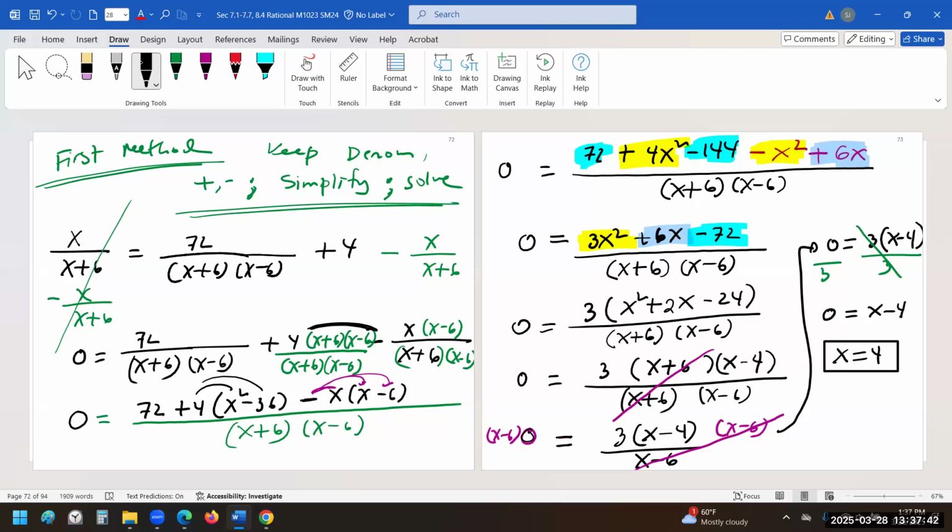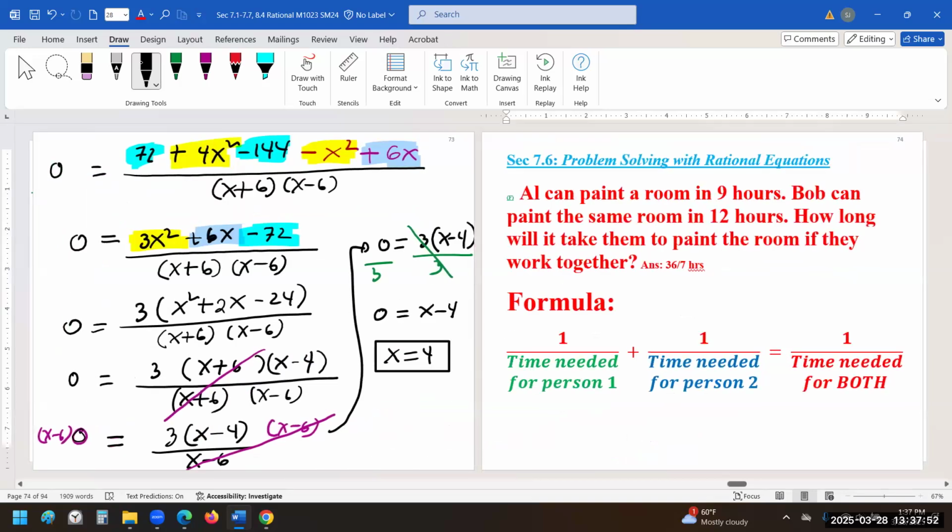So now you know how to solve rational equations. Now, why do you use them in real life? Why do you care? Well, I care because you actually use them a lot without even realizing it. Let's say you have this type of problem. You hired 2 people, okay?